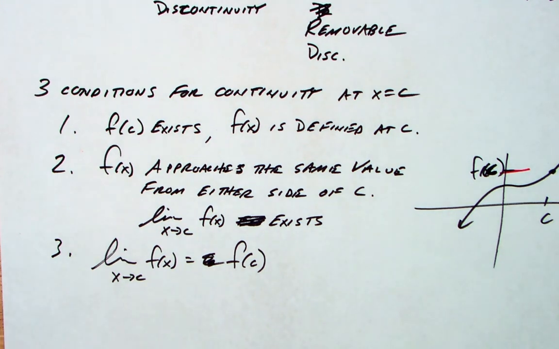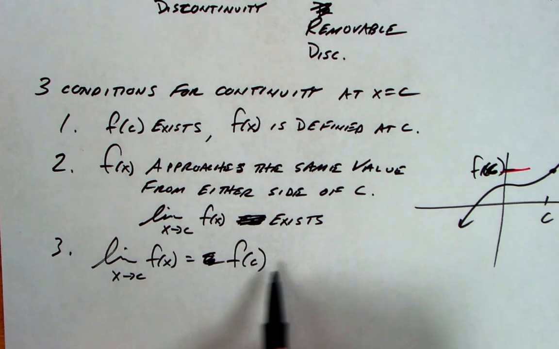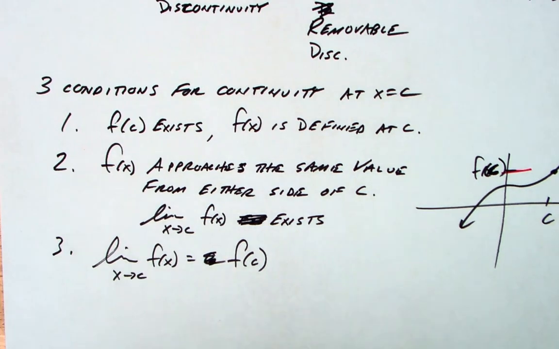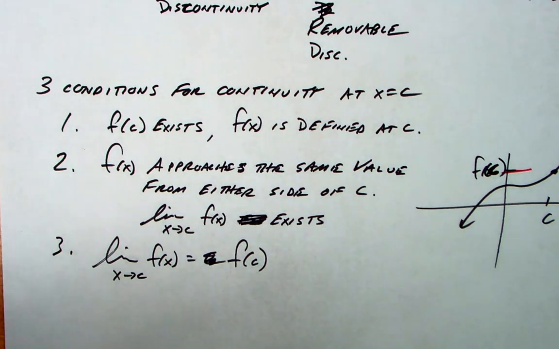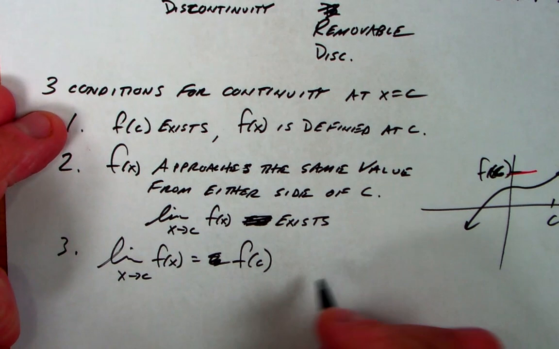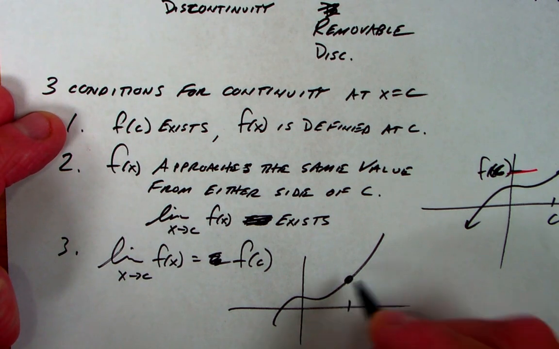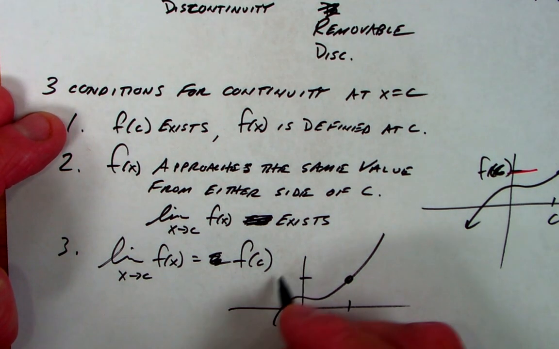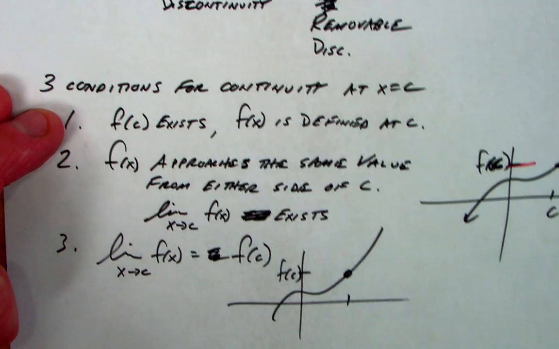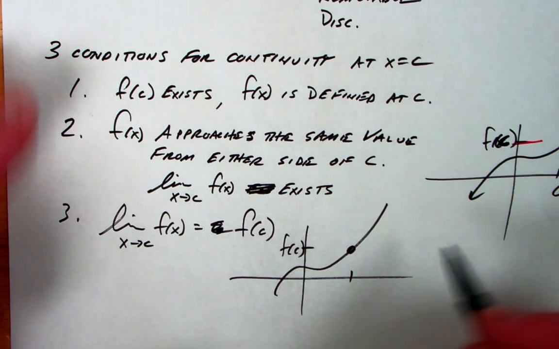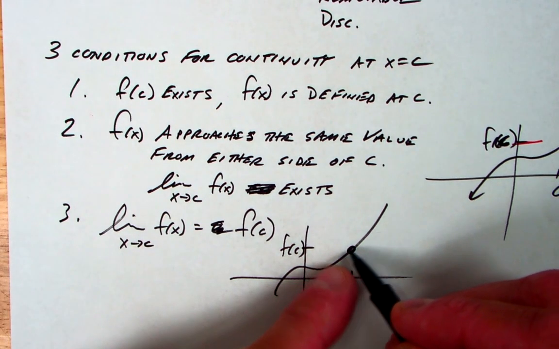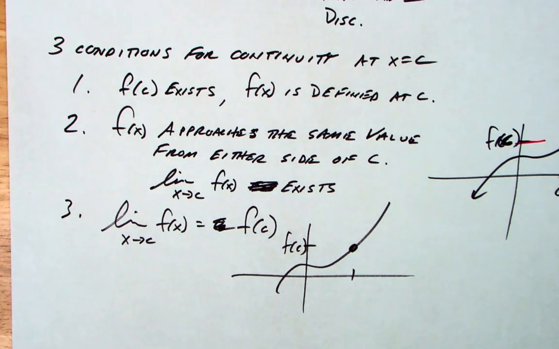Okay, so what this is saying is this height is the same as my height that it was approaching. It's going to seem like, well, duh. And picture this: if I'm talking about this point right here, there's f of c. What's it getting closer to? Well, that value.